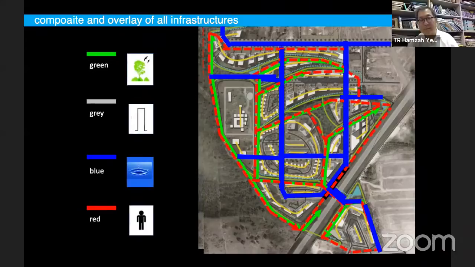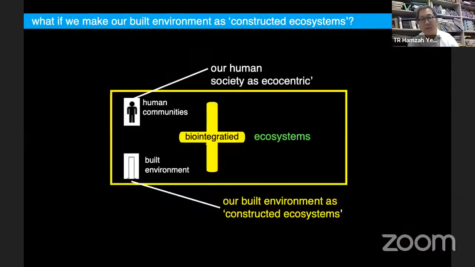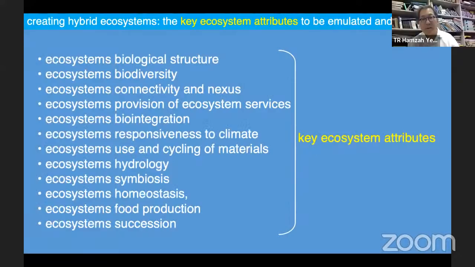And so the principle, as I mentioned earlier on, is that if we create our built environment as constructed ecosystems that emulates and replicates the attributes of the ecosystem, then what we have then is a situation where we are integrated with nature. Now, then I started to look at what are the attributes of ecosystems that we must emulate, we must copy, and we must replicate if we can.